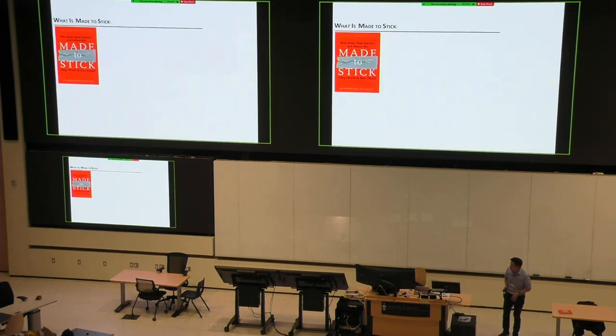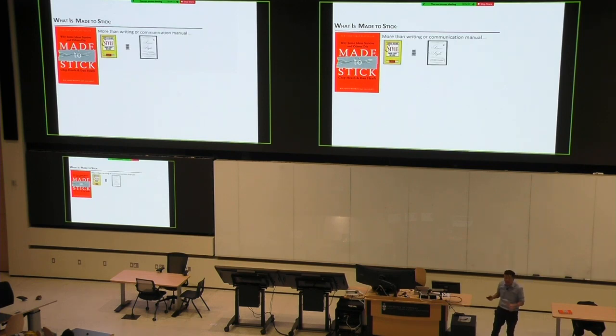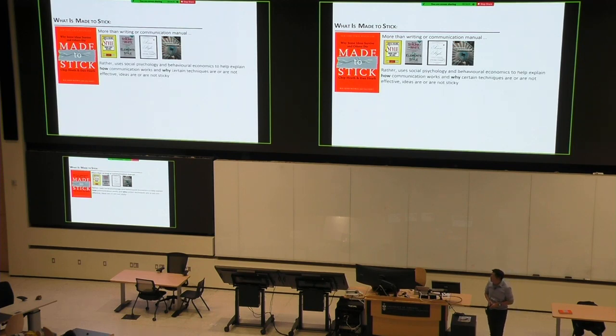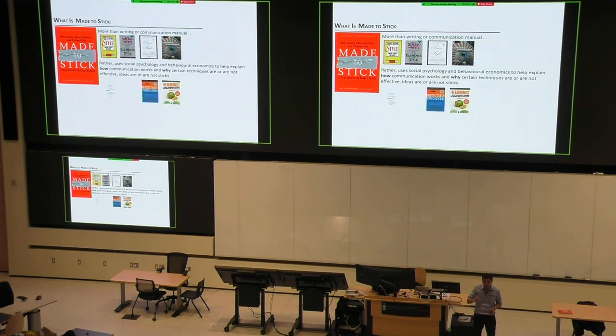Okay? So I'm going to go through these a bit quicker. I just want to talk about what Made to Stick is. And Made to Stick isn't intended to be a writing or communication manual where you just tell people how to do something. In fact, it's more a book around social psychology and behavioral economics that really focuses on both how and why these techniques work.